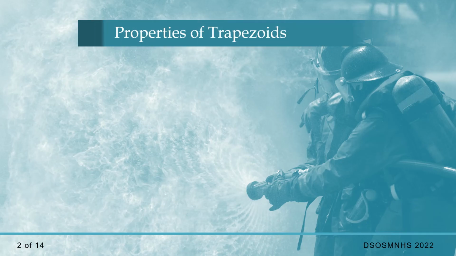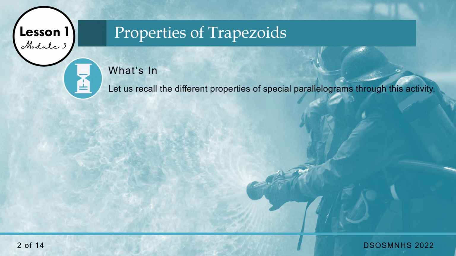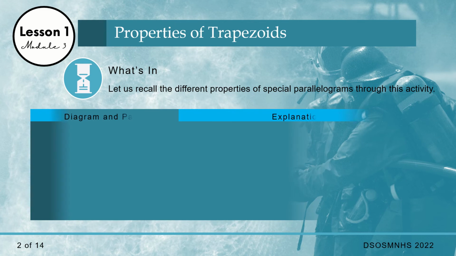So to start up with the lesson on trapezoids, specifically its properties, lesson 1. We will start with a recall or recap of the different properties of special parallelograms through this activity. If we recall special parallelograms, the following are rectangle, square, and rhombus.